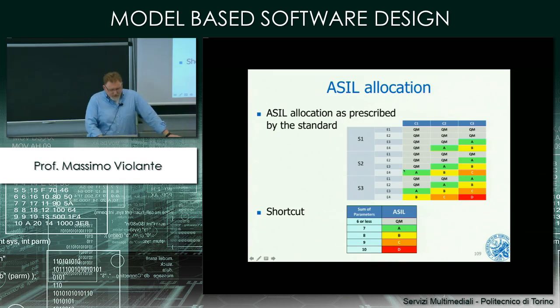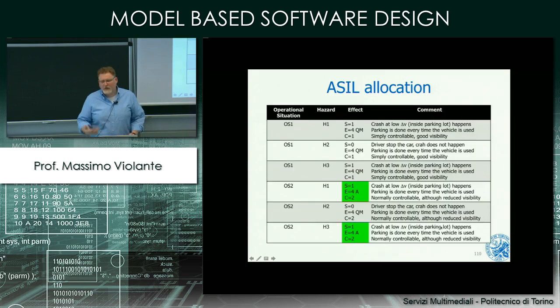So we have the table that we have seen before. Once we know severity, exposure, and controllability, we can tell which is the ASIL of the hazard and the operational situation. We have a rule of thumb like this one.